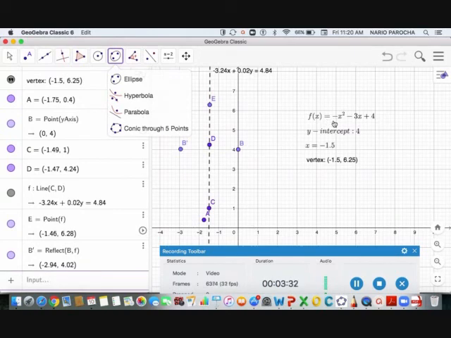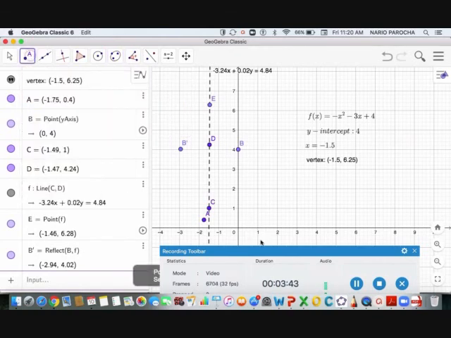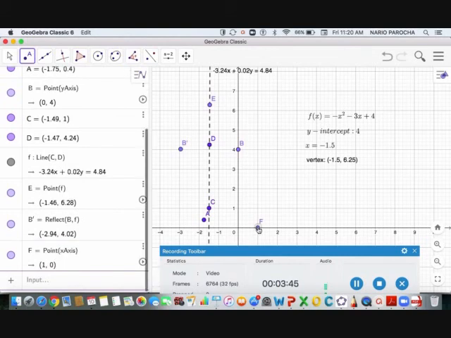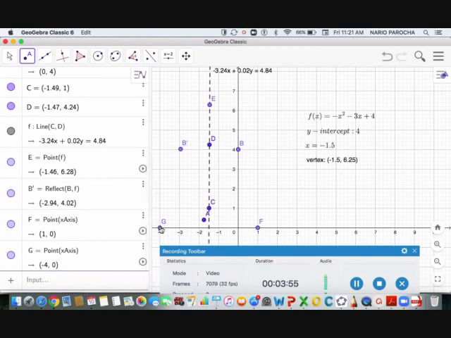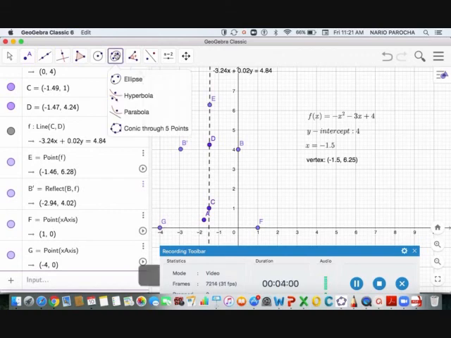Let's say if x is equal to 1, f of x would be equal to 0. Let's place a point right here and reflect that point on the other side. The reflection would be -4, 0. Now we have 5 points.